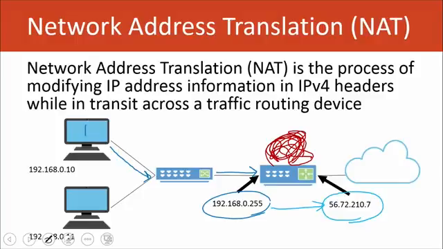Everybody that's out on the internet, this cloud here, is going to see this public-facing address. They're never going to see the private address that's being used by the computer on the local area network. This is a really cool process because it makes it a little bit easier for us to use IPv4 addresses.